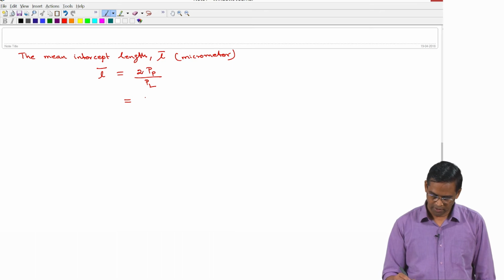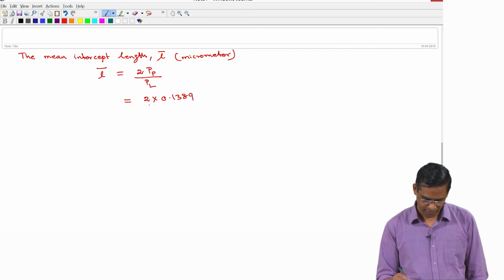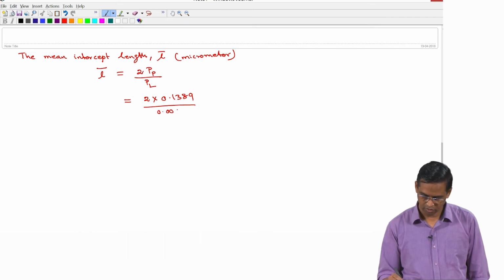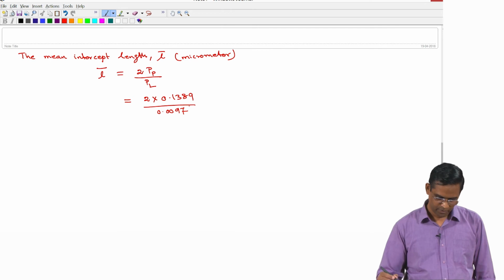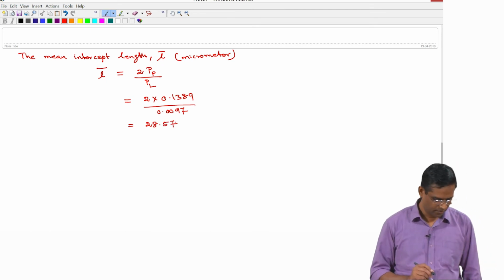The Pp first value is 0.1389, that is the Pp of the first event, and this is the PL, 0.0097, which gives 28.57 as the average.